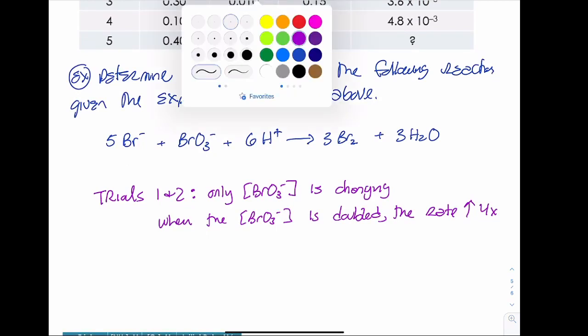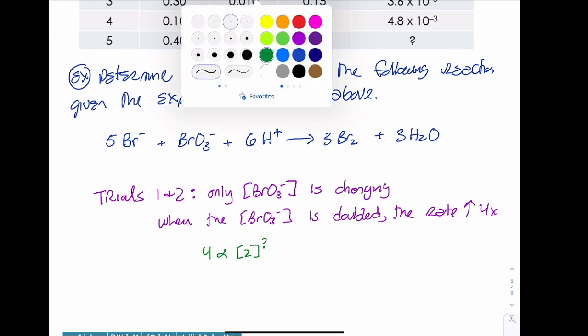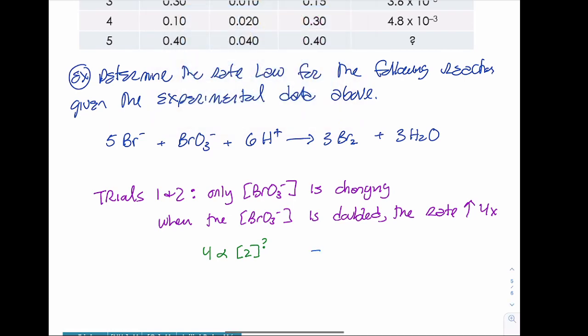The other way to think about it, if it's not really obvious to you, is kind of going backwards from before. So 4 is proportional to 2 to some power, and we're trying to guess what that exponent is. What do you have to raise 2 to get 4 as our answer? 2. It is second order with respect to BrO3.